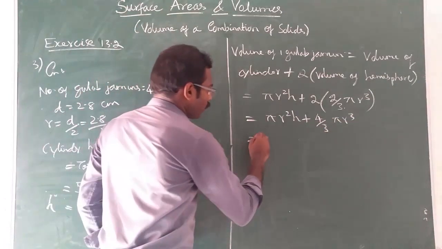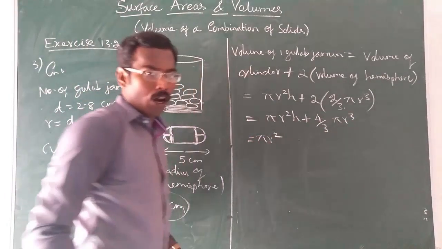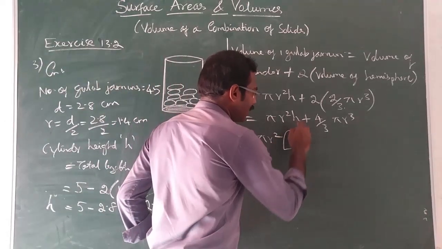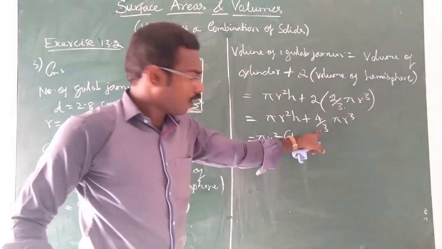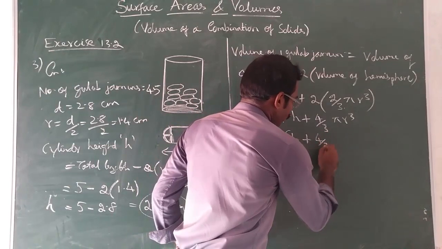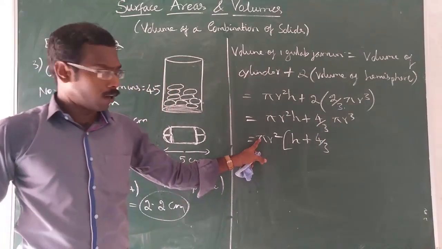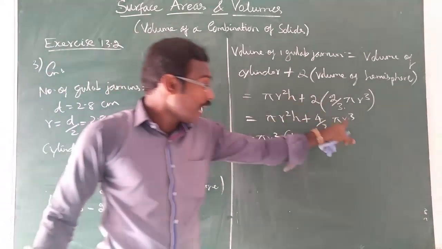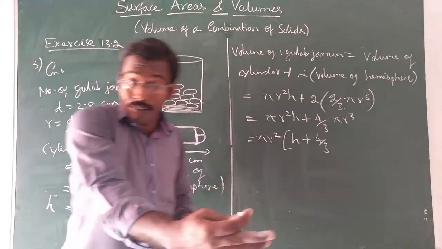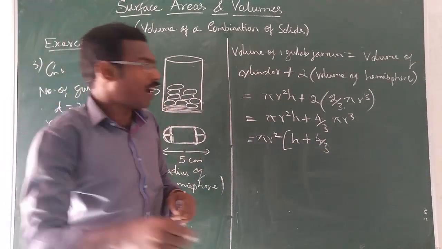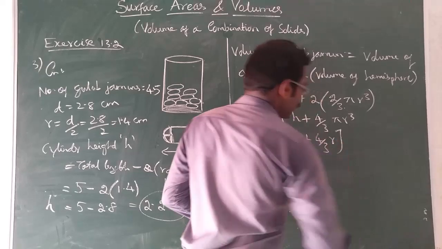Let me take pi r square outside. Then remaining, h is there, h plus 4 by 3. From r cube you take r square, then one r remains.